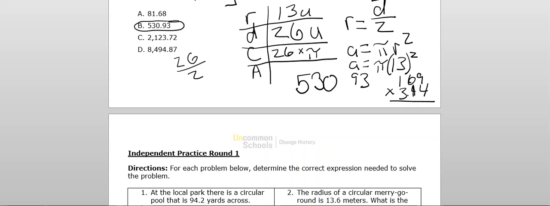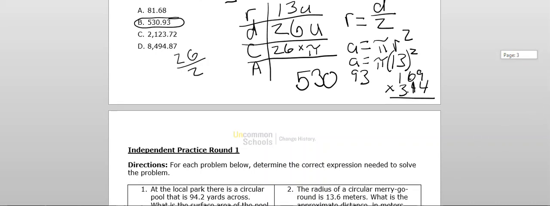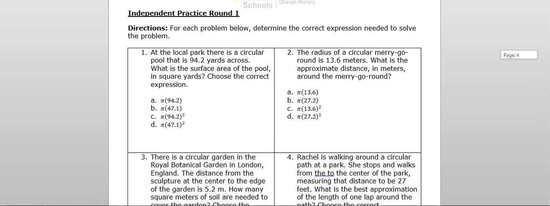Okay, we'll do one problem from the independent practice today. At the local park, there is a circular pool that is 94.2 yards across.